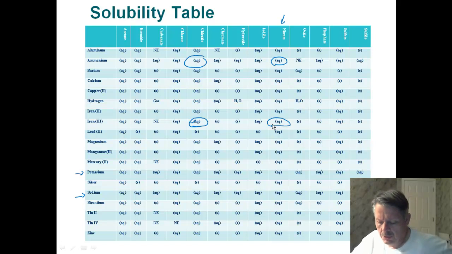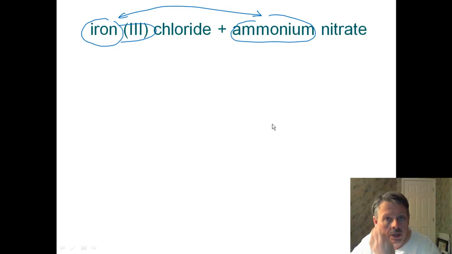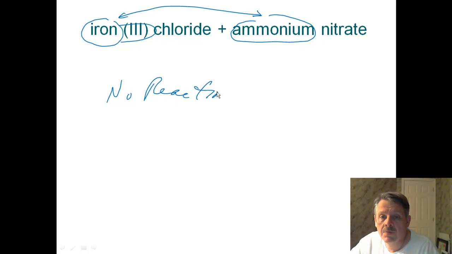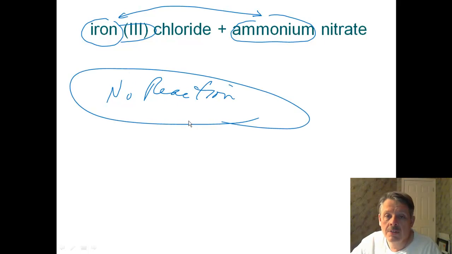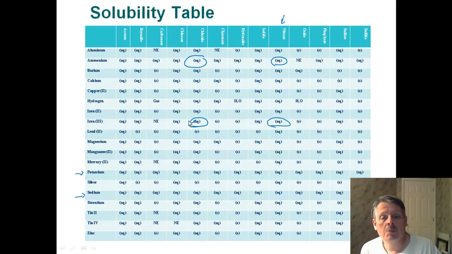So when we do this, we realize that since they're all aqueous, nothing happens. So here we can just say no reaction. So we didn't have to go and write down all of our symbols. We didn't have to balance everything, etc. We were just able to say the reaction didn't happen because we looked at our solubility table.